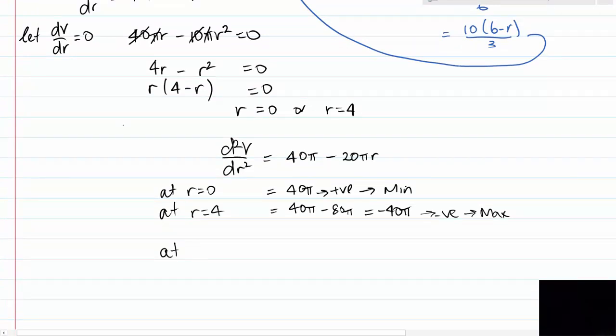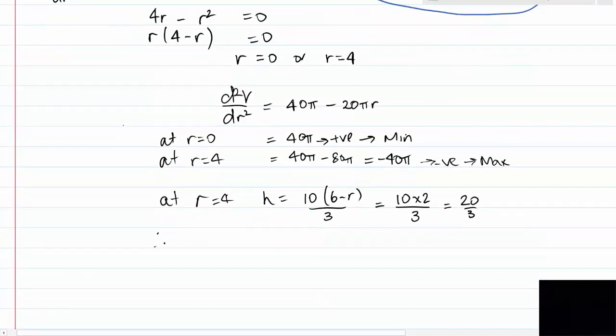At r equals 4, h is equal to 10(6 minus r) over 3, which is 10 times 2 over 3, which is 20 over 3, an exact value.